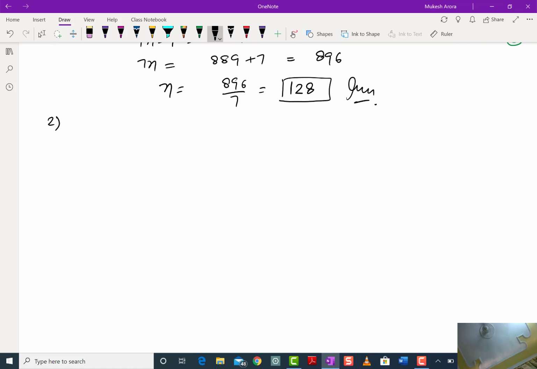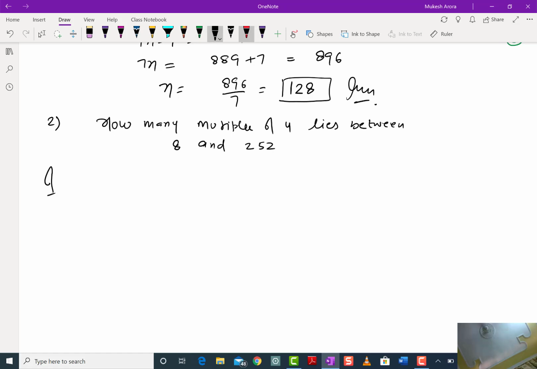Second: how many multiples of 4 lie between 8 and 250?